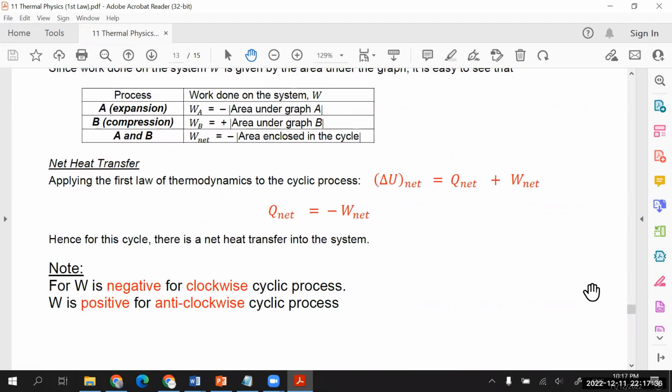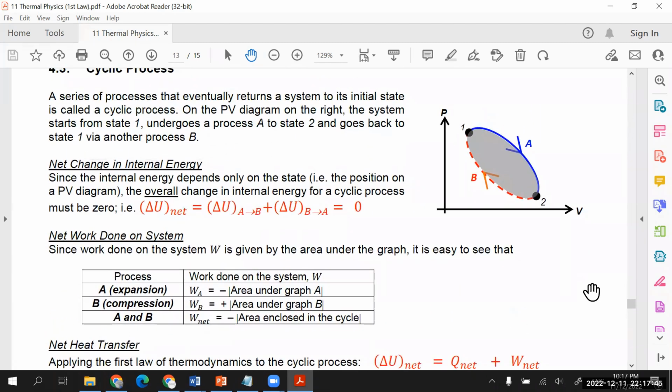So once delta U is 0, Q will be equal to minus W. And the work done is given by the area enclosed. So in this example, when we move from state 1 to state 2 via A, the work done by the external force will be the area under the blue line, which is A. And when you return, the area under the graph is under the red dotted line by process B. So from 1 to 2 via A, the work done is negative.